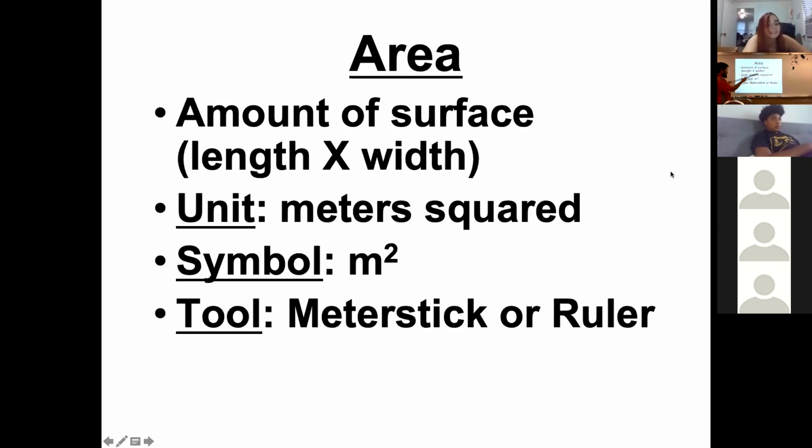Instead of just measuring one distance, like in length, here I would measure 2. So I can measure, okay, this is about 1 meter tall by maybe about 1.5 meters long. I multiply the two numbers, and that gives me meters squared. So similar to distance, but still a little bit different.